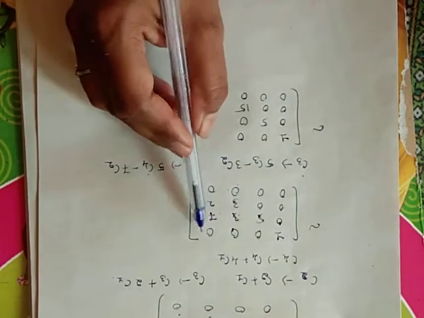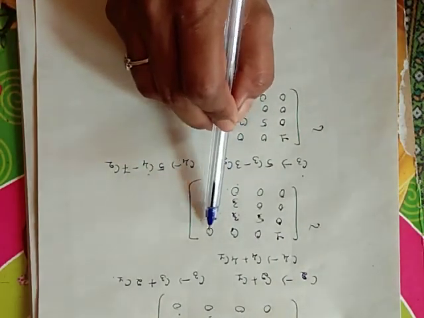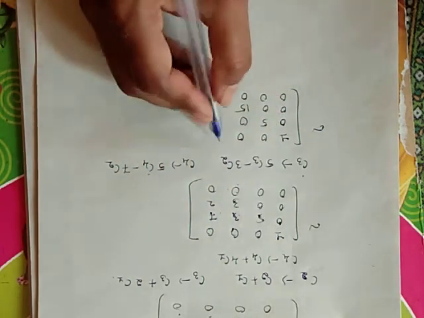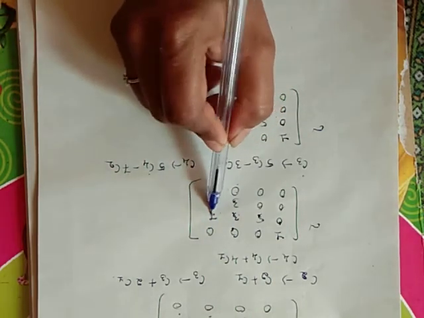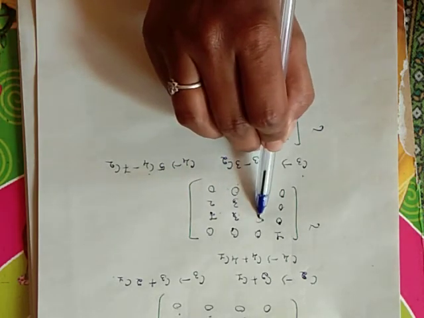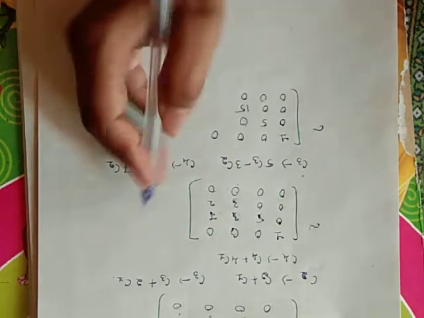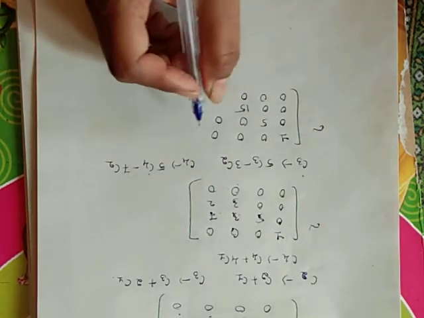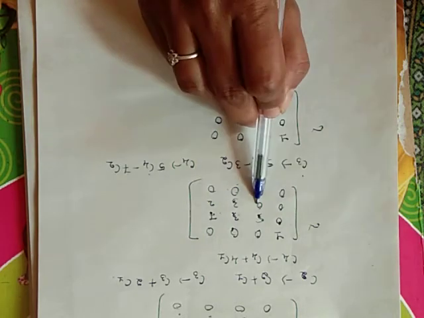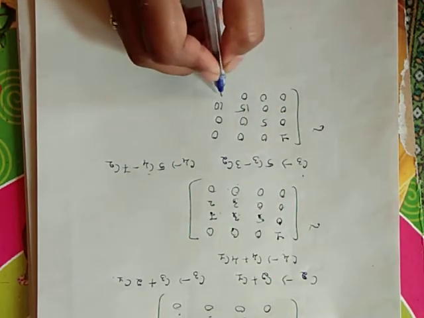Now 5 into C4, 5 into 0, 0, 7 into C2, 0. 5 into 7, 35, 5 into 7, 35, 35 minus 35, 0. 5 into C4, 5 into 2, 10 minus 0, 10.